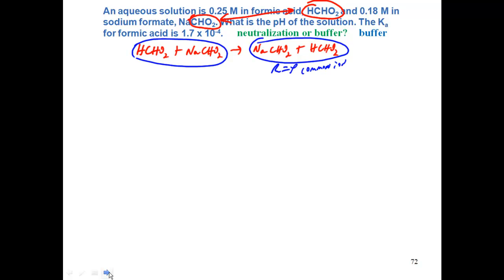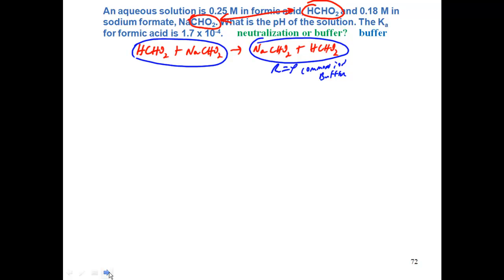Okay, which then you look at the common ions and you say, oh, this is an acid-base reaction, so this is a buffer, and then you know you've got to treat it like a buffer. Now, what if you still didn't see it after you looked at it and you decided, okay, I'm going to go on with it as a neutralization reaction?